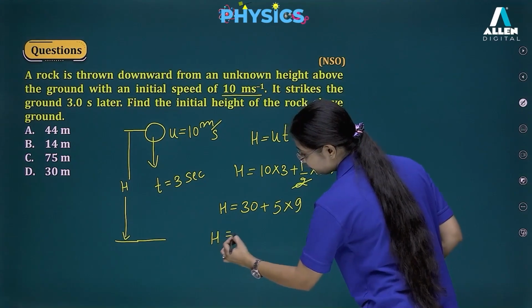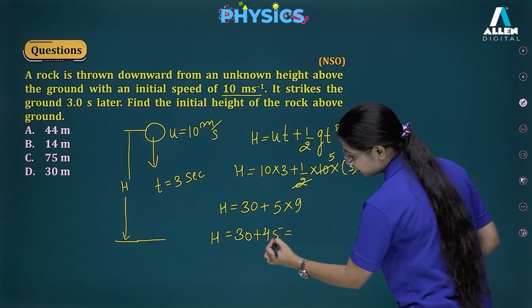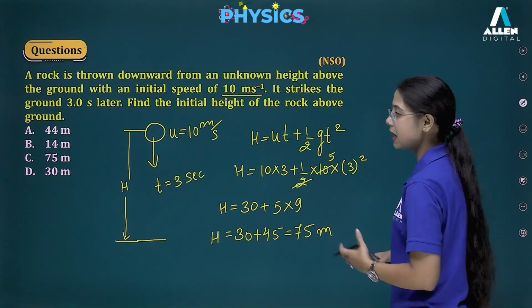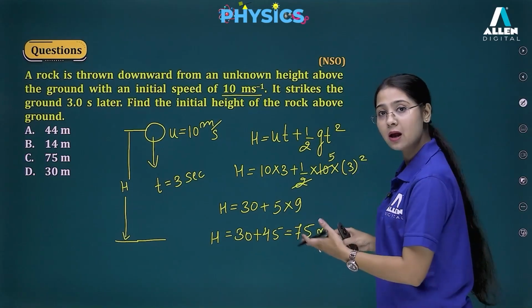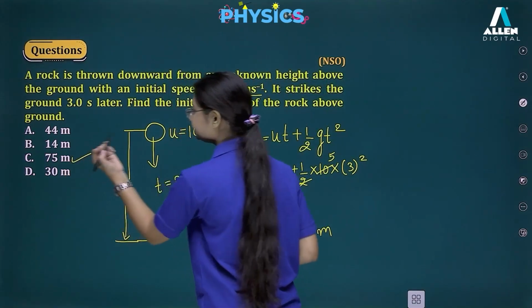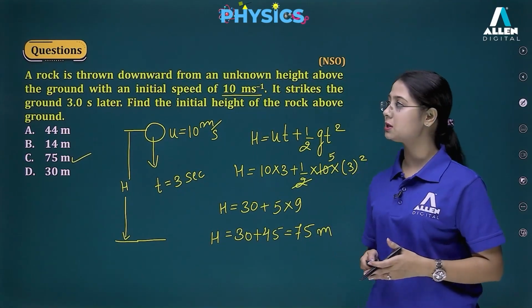So h will be 30 plus 5 into 9, it's 45. 30 plus 45, you will get 75 meter. This is the height. So this is given in option number C. That means your correct answer for this question is option number C, 75 meter. Alright. So this is so simple. Moving on to the next question.